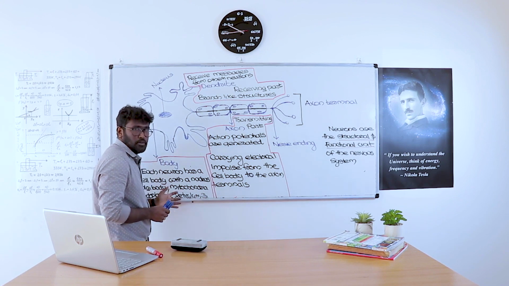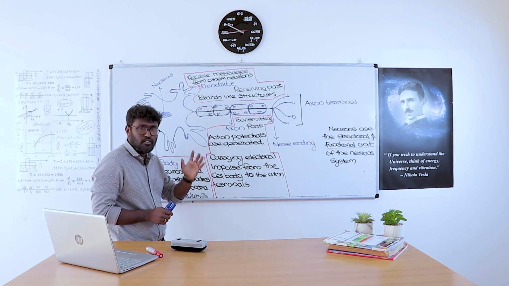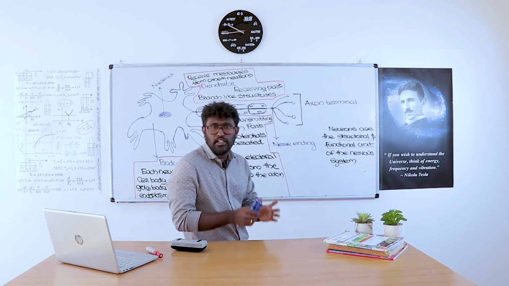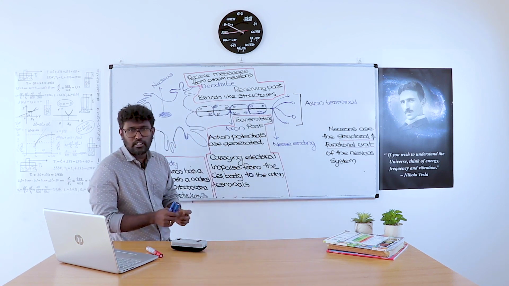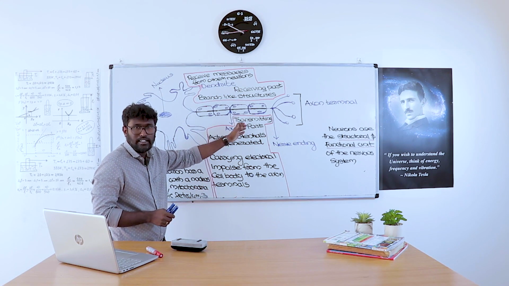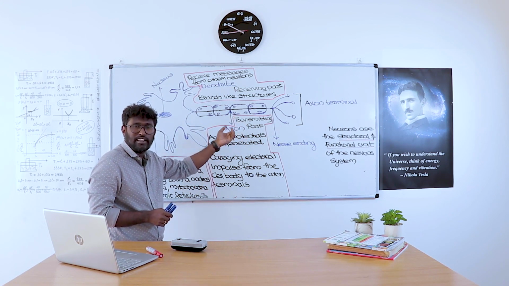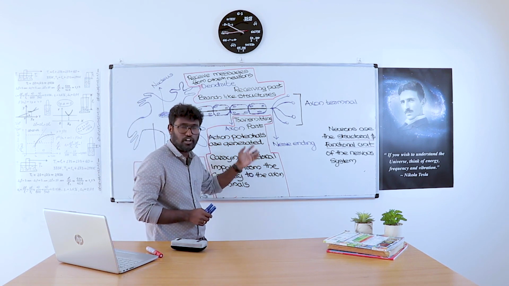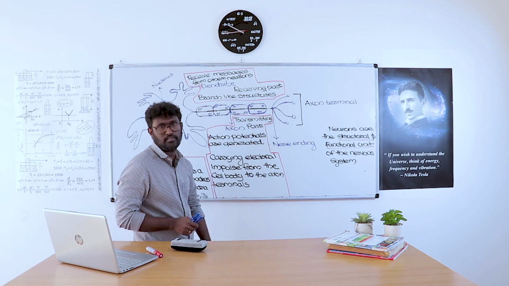A cell body is composed of nucleus, Golgi body, mitochondria, endoplasmic reticulum, and other components. The axon is the transmitting part, where it carries electrical impulses from the cell body to the axon terminals.